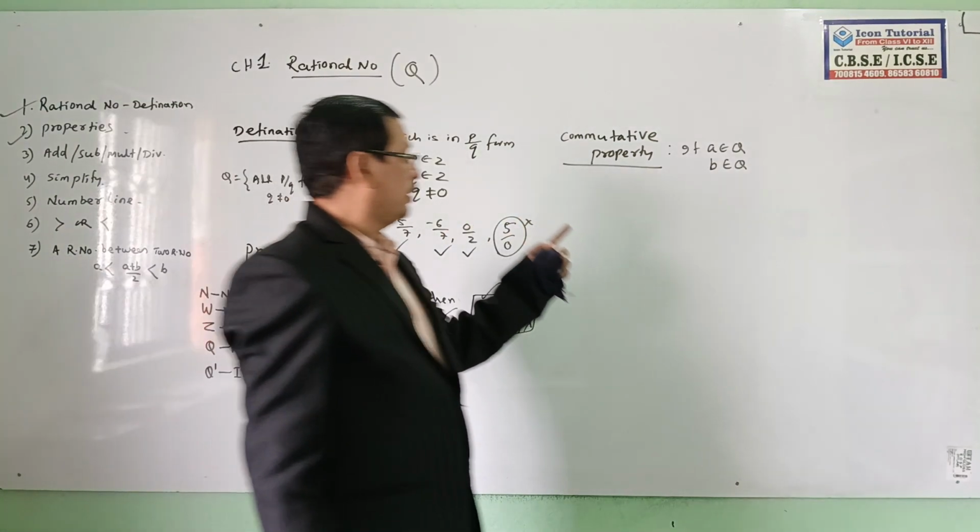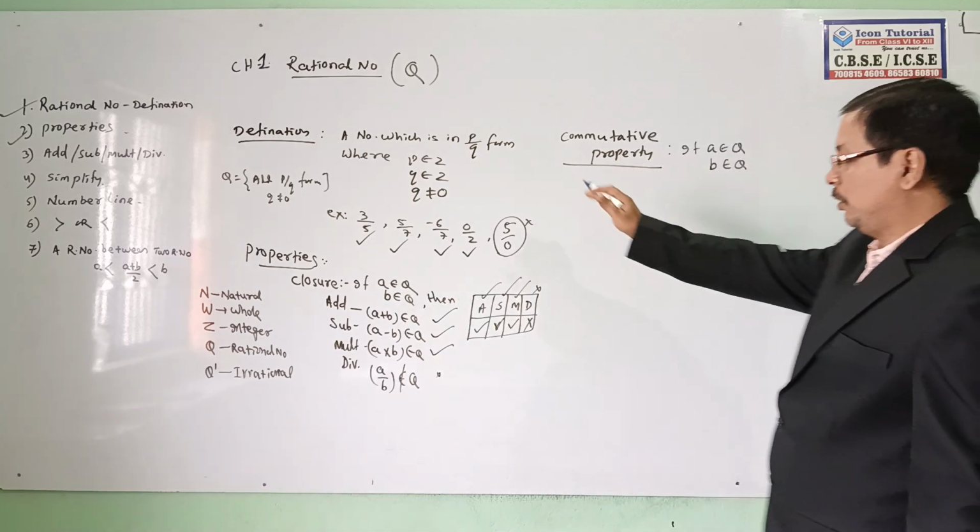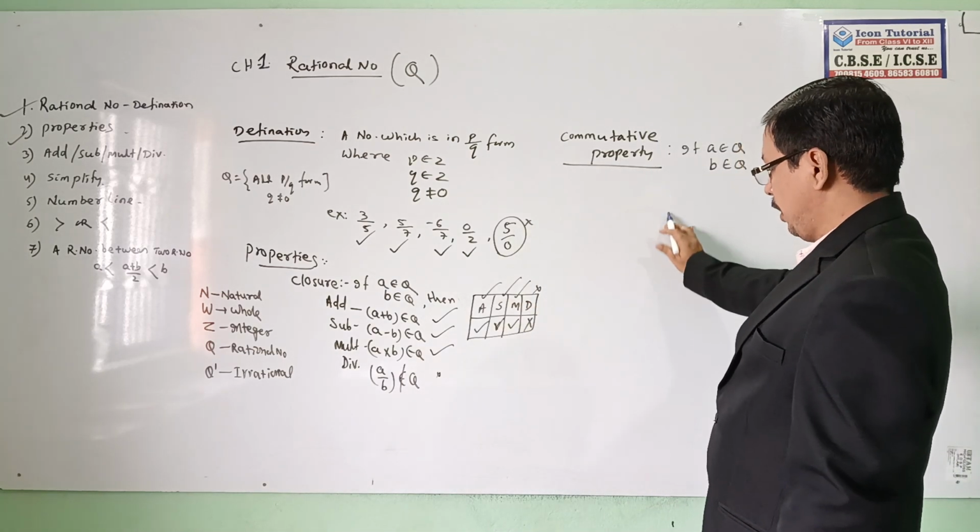So this is the first property that is now going on. Three properties we will discuss here. The first property is clear. Second, examples.